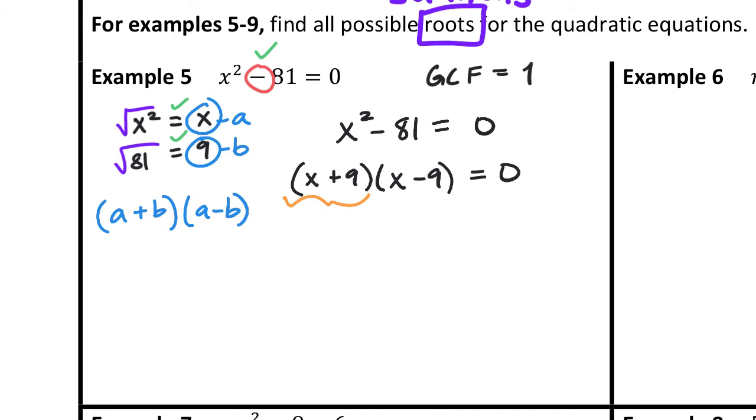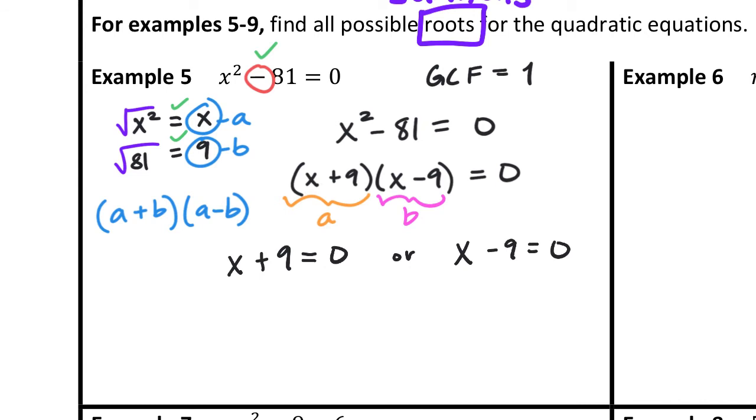Okay, so if this is A and this section is B, right, then we're saying that if I'm multiplying two things and it equals 0, that can either mean that x plus 9 equals 0, or it could mean that x minus 9 equals 0.